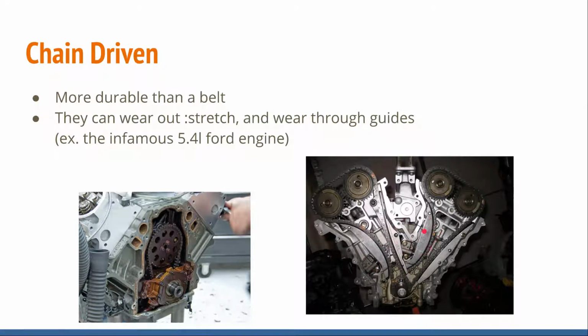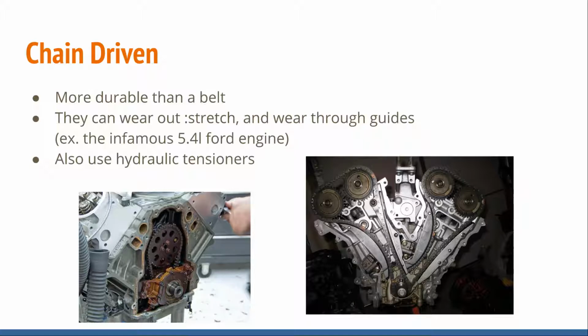What they are is basically a metal, curved guide there that's lined with plastic. So we do see it from time to time where the chain just wears right through the plastic and starts wearing on the metal. Metal on metal is bad. Example, the infamous 5.4 liter engine. They have a lot of problems and their timing system is one of them.